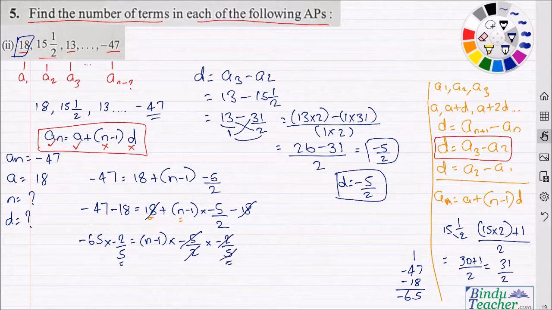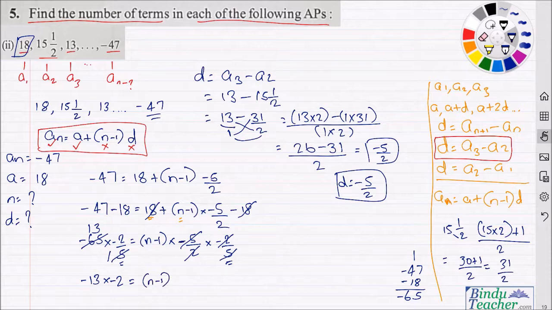So what are we left with? Similarly, let's do the multiplication on the other side as well. We have 5 into 1 equal to 5, and 5 into 13 equal to 65. Okay, so we get minus 13 into minus 2 equals n minus 1.